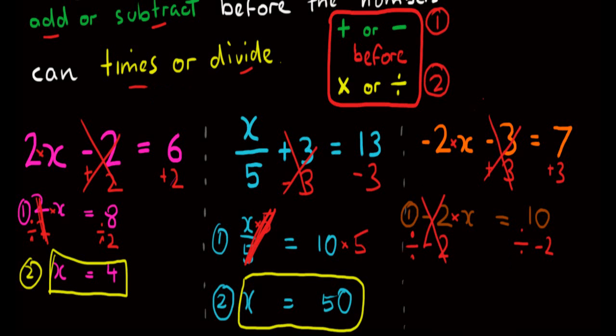So on that side, we just have left x. So that's after step 2. And then on the right hand side, we've got 10 divided by minus 2. If we divide a positive number by a negative number, it'll be a negative. So 10 divided by 2 is negative 5. So that would be your answer for this one. x equals negative 5.